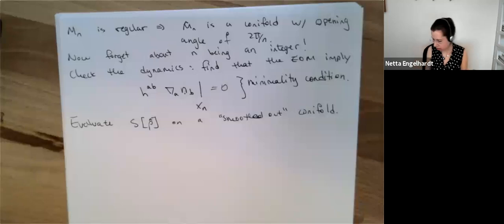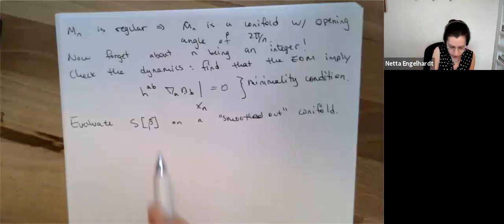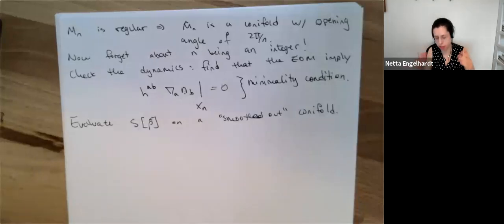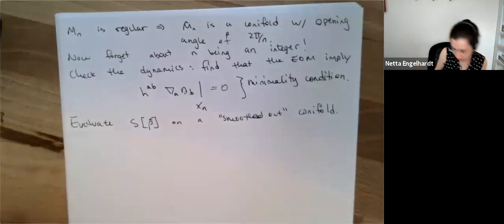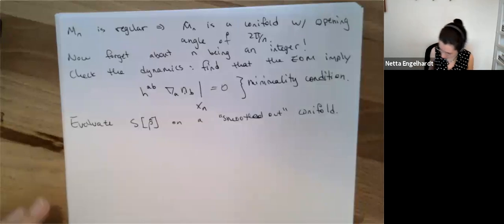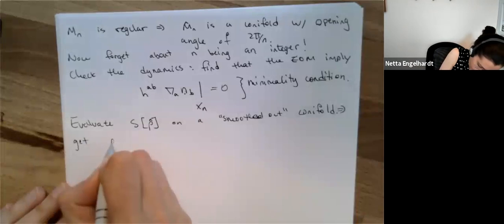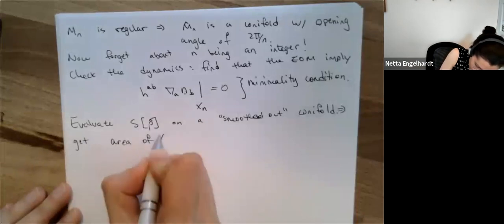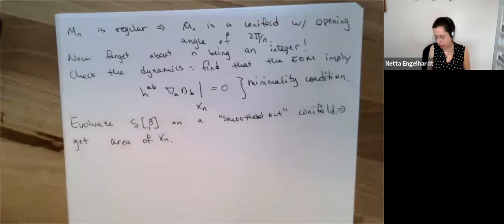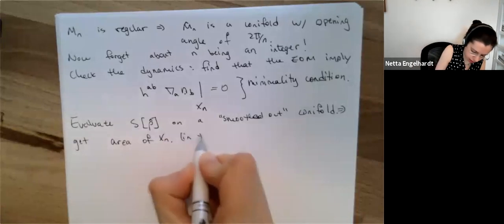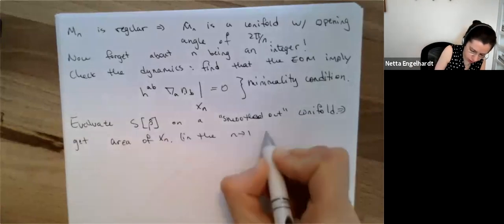The long and the short is that when you evaluate this on the smoothed out conifold, where you just smooth out the tip, you basically just get the area of Xn. This is in the n goes to 1 limit.